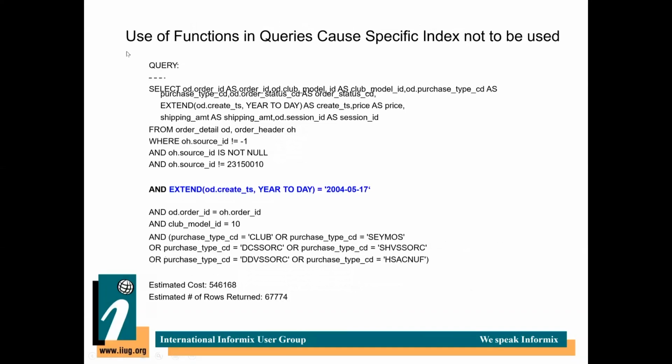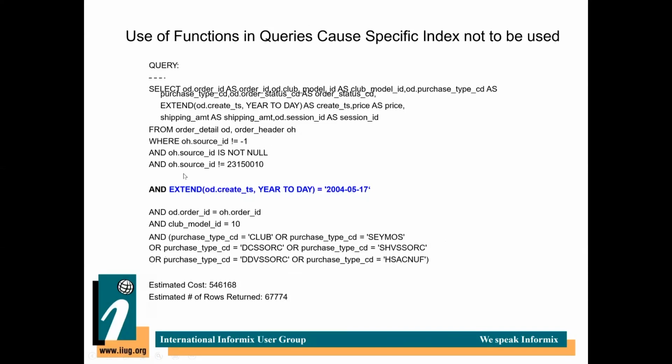Now we're going to talk about use of functions in queries that cause specific indexes not to be used. In this case, I've highlighted here, this query was taking about 20 minutes to run. The issue is that they were using the extend function on the date field.